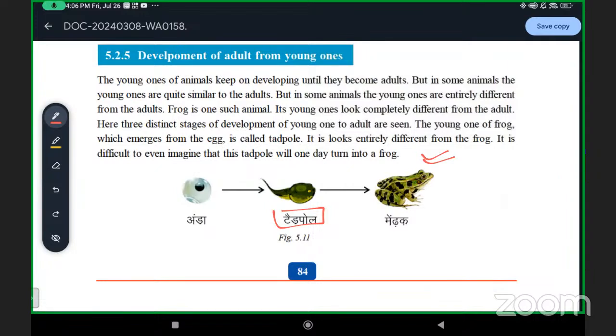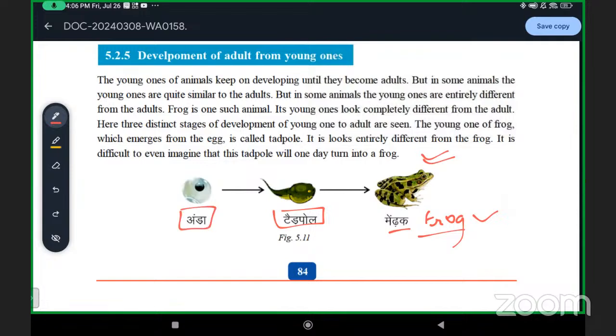Some young ones of animals don't look like the adult animals, but they slowly grow to look like them. The children of some animals look like them, some don't, but eventually they do. This is what it is telling us.